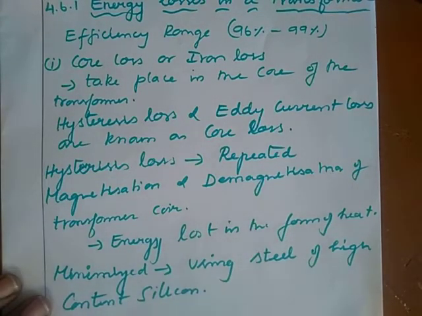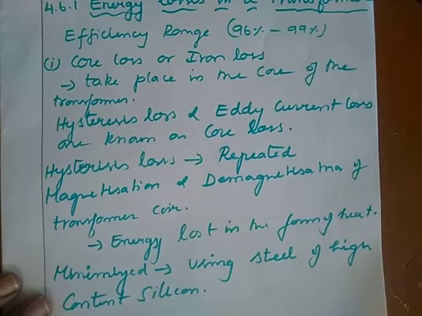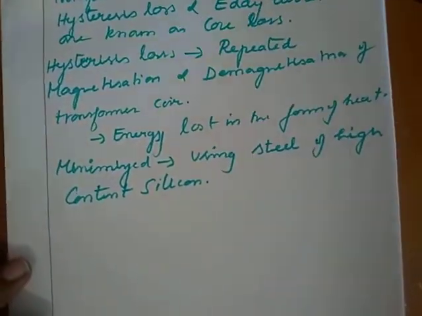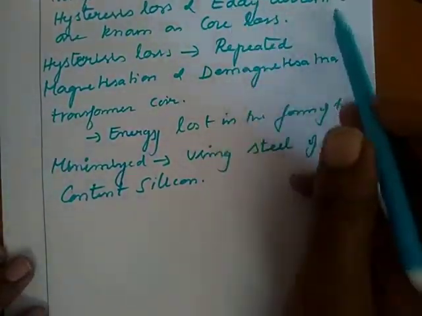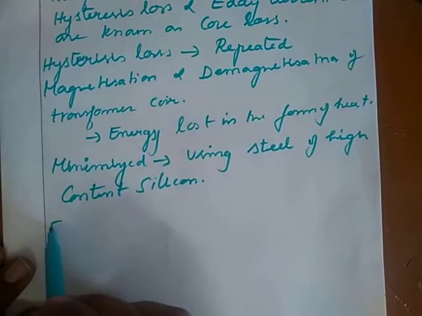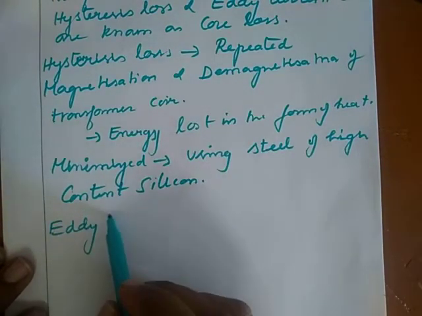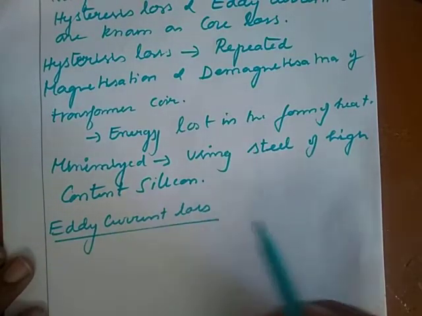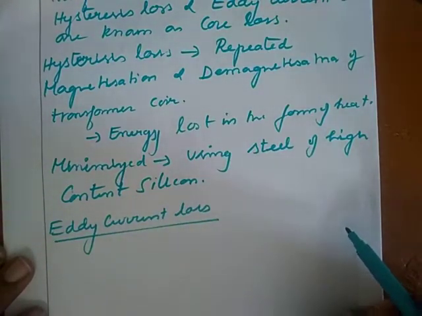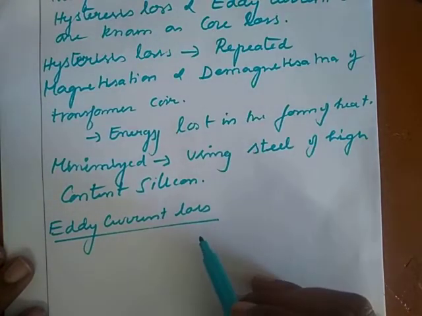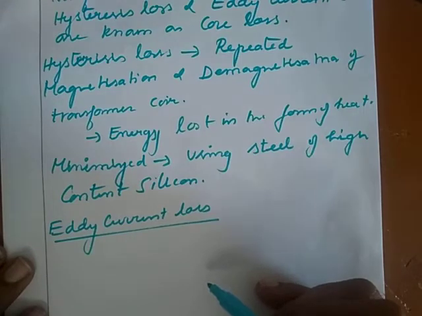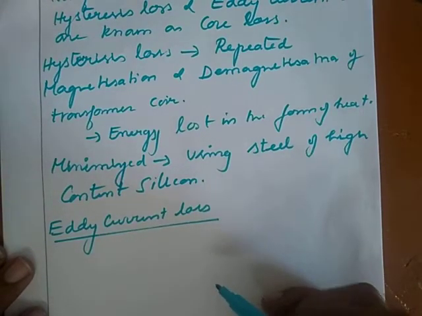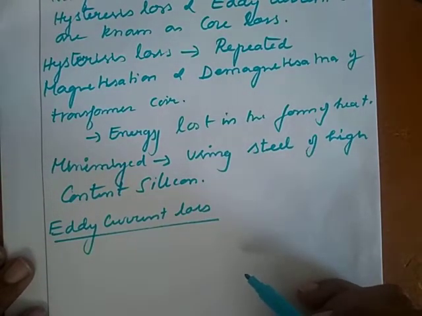Okay, then next one is eddy current loss. See, this loss also appears in the core of the transformer due to alternating magnetic flux in the core that induces an eddy current in the core.